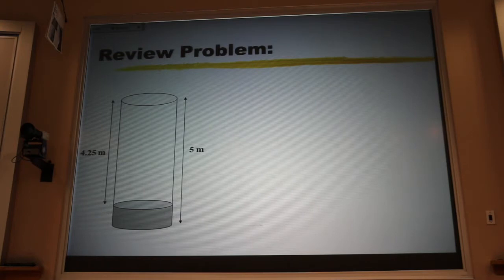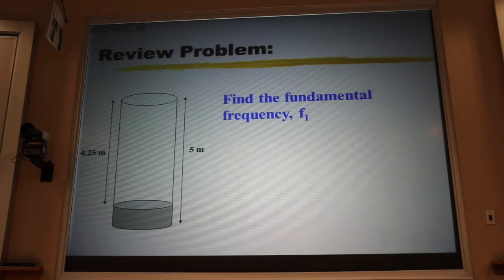Now the first part of this problem asks us to find the fundamental frequency F1. Now folks, I cooked all the numbers in this problem so that they would be easy, so that they would work out really, really nice if we assume it's a little bit cold today. Okay?